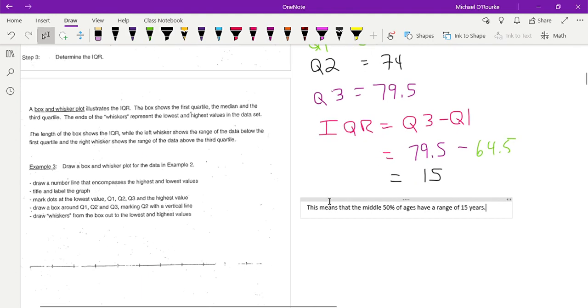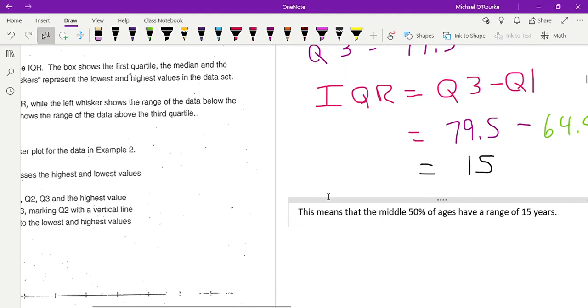So what that means is that 50% of the ages have a range of 15 years. So in your data, 50% of your ages would be within 15 years. Does that make sense?